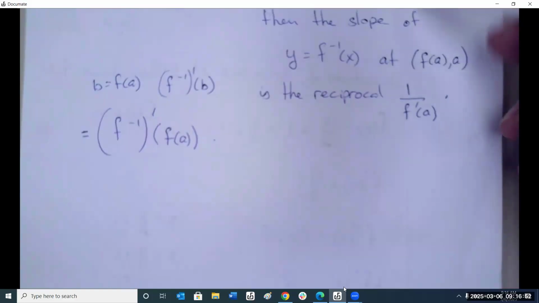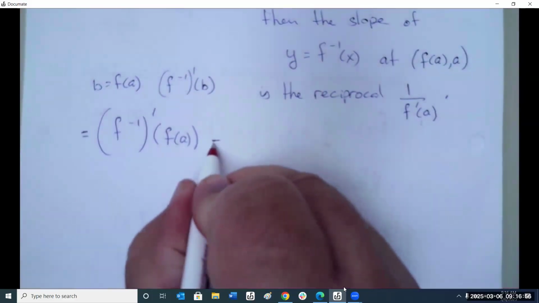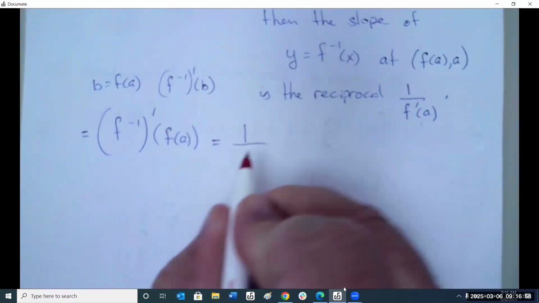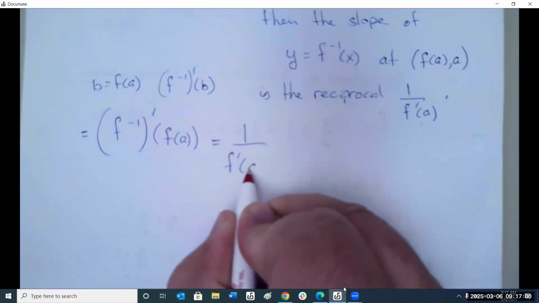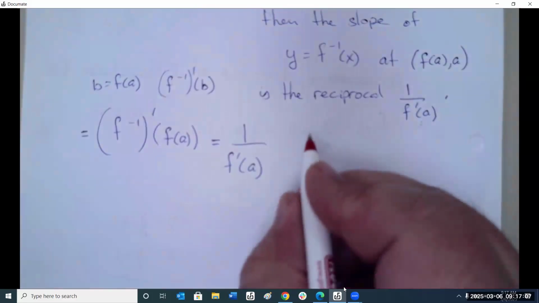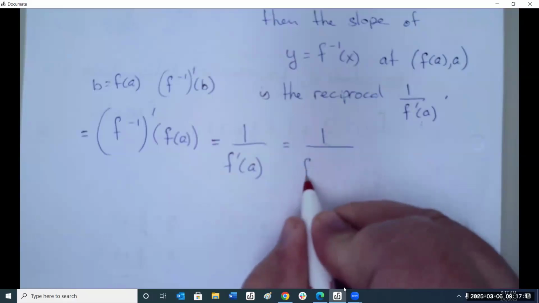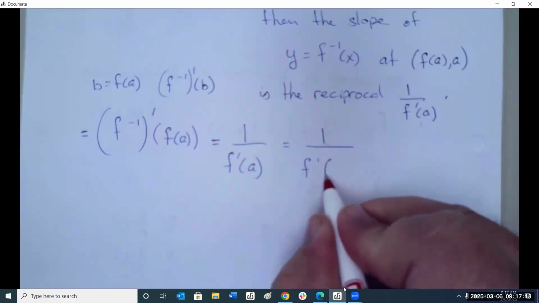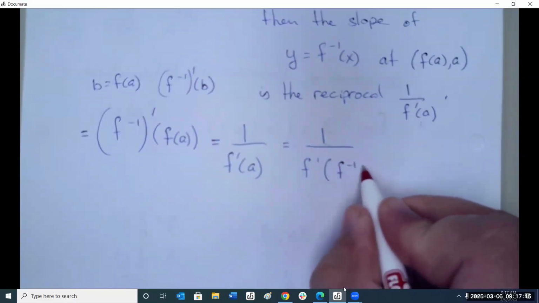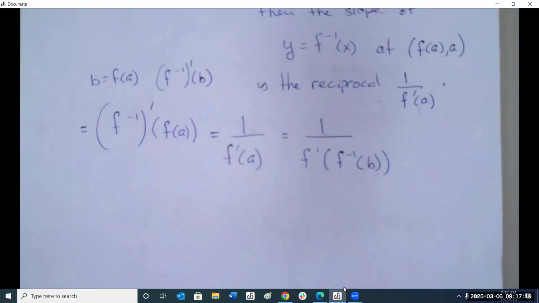According to what we just talked about there, that equals the reciprocal. So what does that look like? That means it's the derivative of the function, so there's our formula.